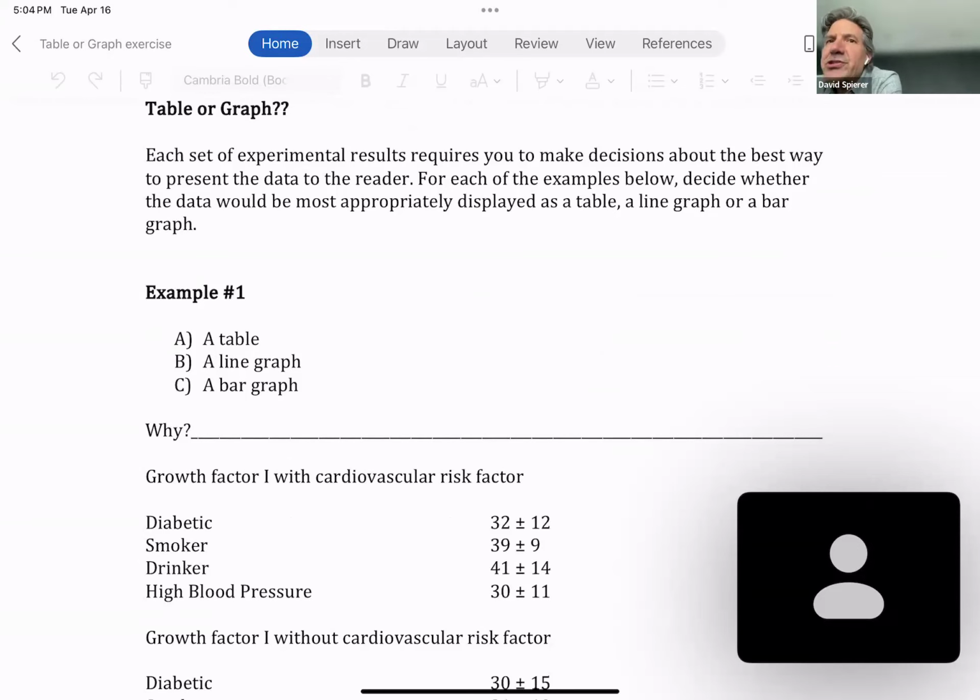But in addition to choosing the type of visual representation, I want you to explain why you chose that visual representation. So it's really important to understand that when we look at data, especially in graphic form or in table format, we need to have that data tell us a story.